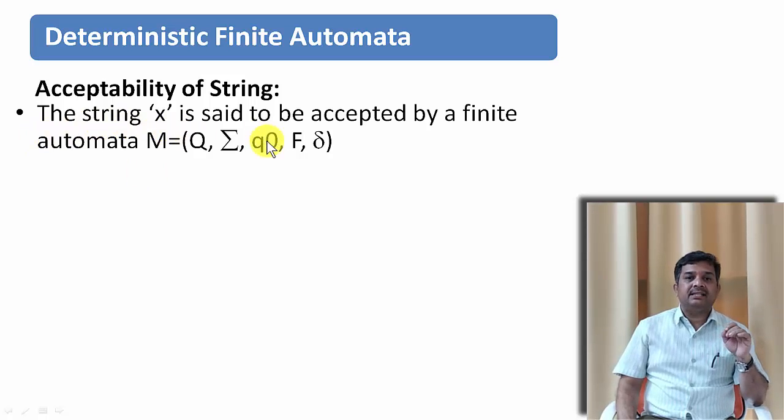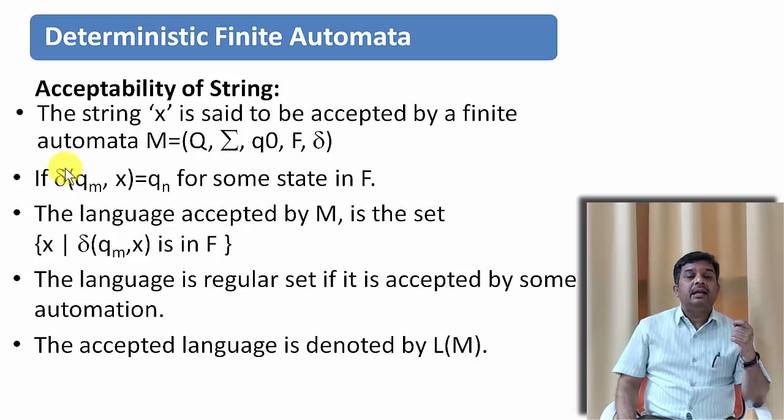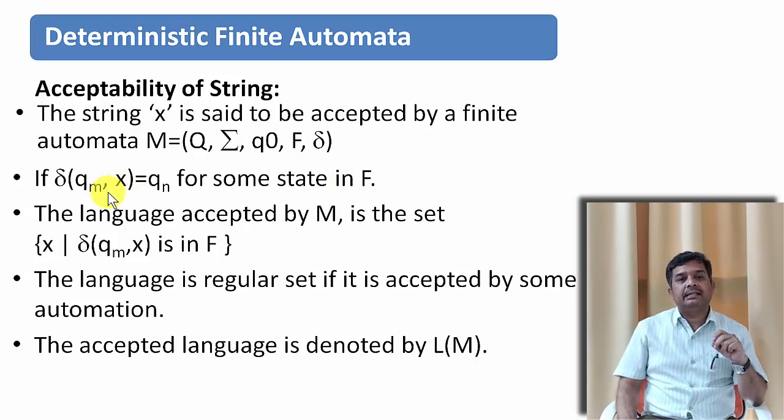A string X is said to be accepted by the deterministic finite automata when we have a transition on Qn on input symbol X and it goes to Qn, and Qn is some final state. It means by giving some transitions, if we can reach the final state, then the string is acceptable.